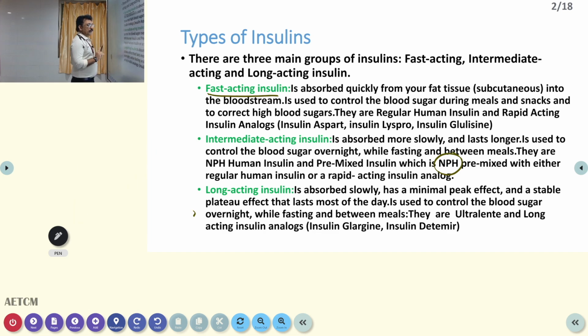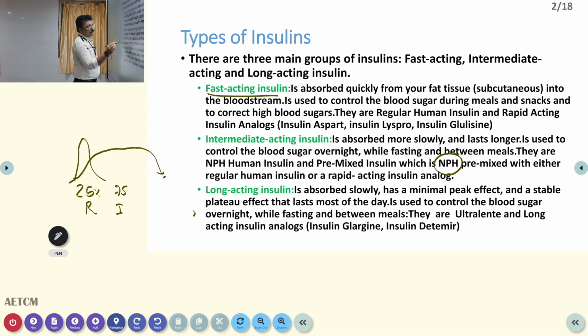This type of premixed insulin will have 25% or 30% regular insulin and 75% intermediate acting insulin. The 25% acts very fast and controls the postprandial blood sugar. The intermediate acting insulin will slowly act for the next 12 hours.